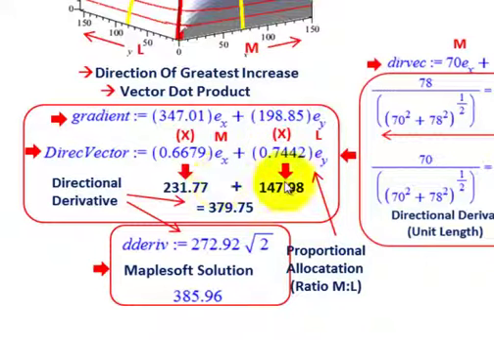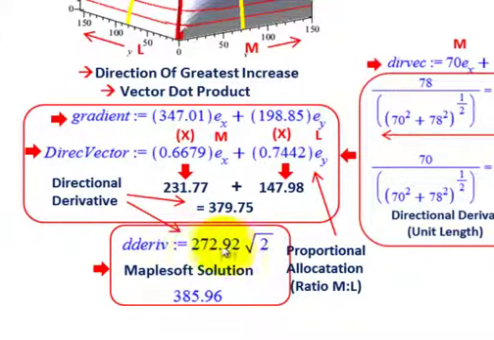So you add those two amounts together, 231.77 plus 147.98, and this is what they call the directional derivative, or directional vector: 379.75. What you're looking at is a proportional allocation, a ratio of material to labor, and that's going to be your change. Now you could just put it into a software package.